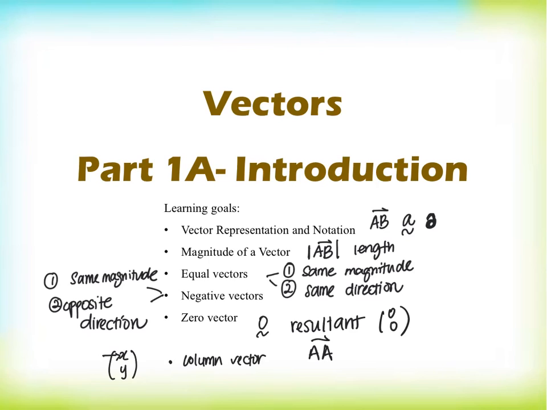If it's moving to the right, it's positive. If it's moving to the left, it will be negative. And the Y value is going in the y-axis direction. If it's going upwards, the number is positive. If it's going downwards, the number will be negative.